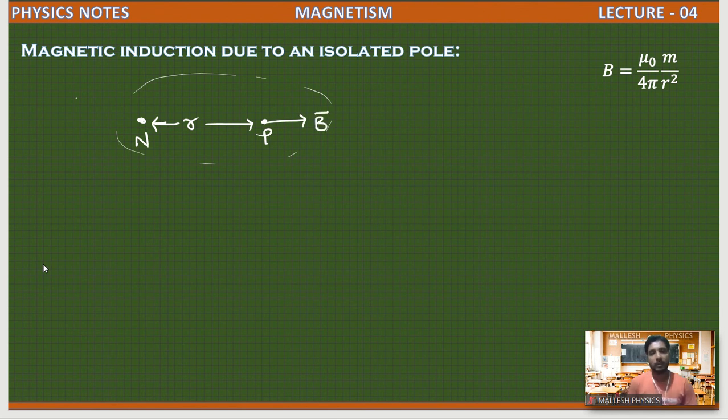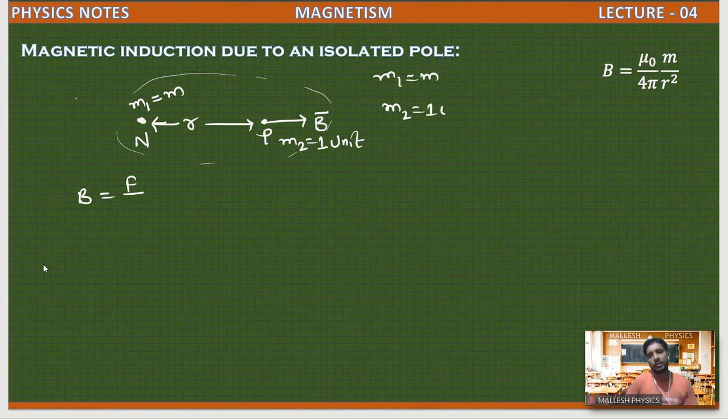Now to calculate magnetic field strength at this point, we can take the formula B bar is equal to F by M, the force acting per unit north pole. You can take the pole strength of this north pole as m1, which is equal to M, and at this point you are taking a unit north pole, m2 equal to 1 unit.